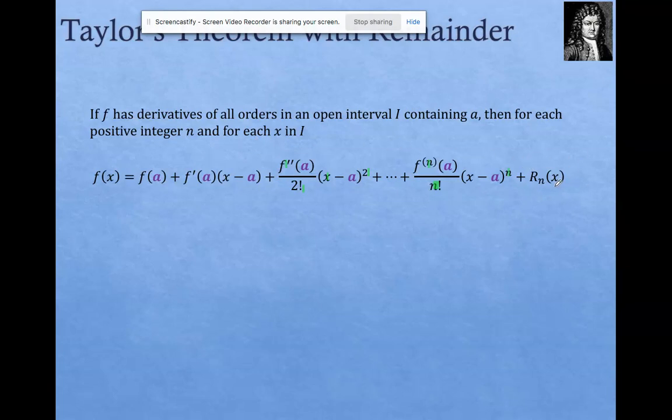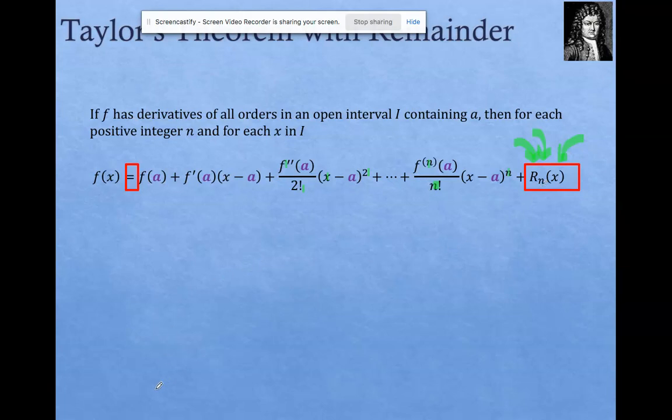And if you could add them all together, you'd get the remainder. So remember, f of x is exactly equal to this infinite polynomial, not approximate, equal to. And all I've done here, I haven't truncated, I've just packed all the rest of the terms into this box and called it the remainder sub whatever I cut off.